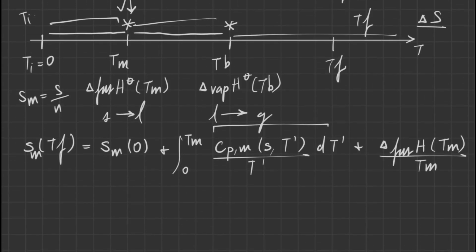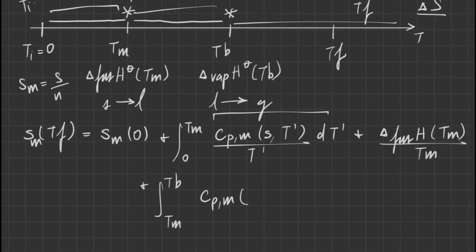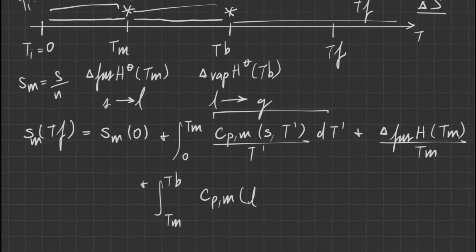So now we need this. So another integral from the melting temperature to the boiling temperature, where the molar heat capacity at constant pressure is evaluated when the compound is a liquid at temperature T prime.